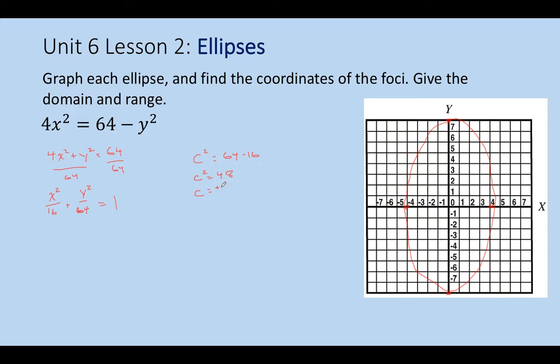C is approximately positive negative 6.9, not 7.9. I was looking at the next thing. 6.9. Right there and right there.